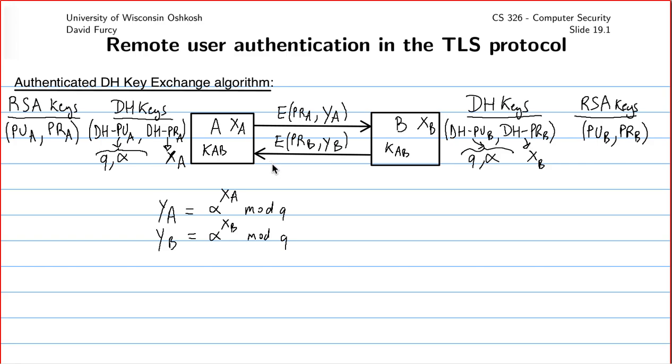She's going to take the value that she received from Bob, raise that to her own random number, and take that modulo Q. And on the other side, Bob is going to take the value he received from Alice, raise it to his own private key, and take the whole thing modulo Q. And the very cool thing about this algorithm is that those two values are going to be equal, and we proved that early on in the semester, and they're going to be what we call the shared symmetric key, K sub AB.